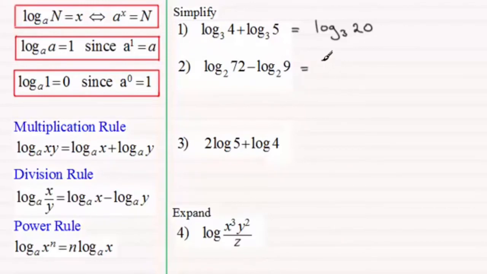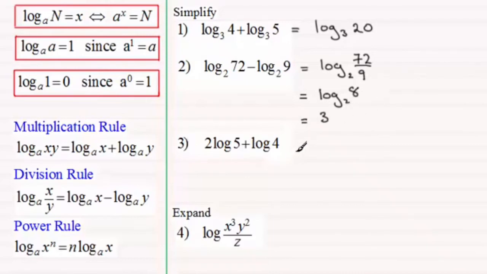So what we're going to have here is the log of 72 divided by 9, and this is in base 2. Now 72 divided by 9 simplifies to 8. So we've got the log of 8 in base 2. But unlike this one here, this one has got a nice clean value, because for this one we should realise that you could raise 2 to the power 3 to get 8. So in other words, the answer to this is exactly 3. 2 cubed gives us that 8.